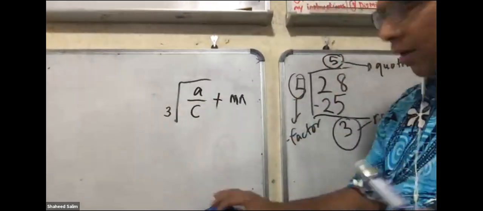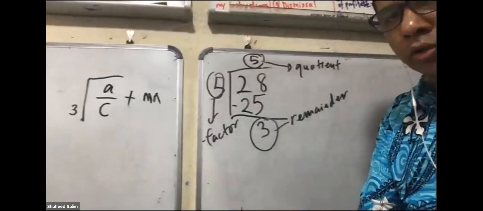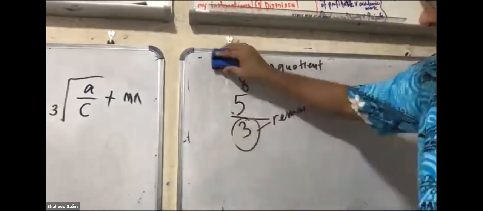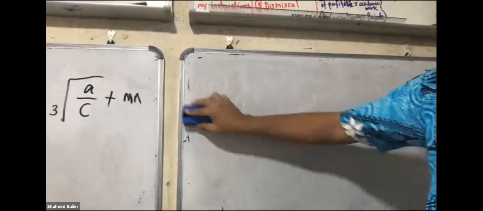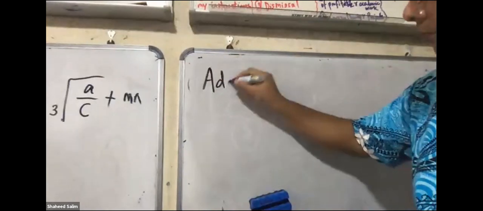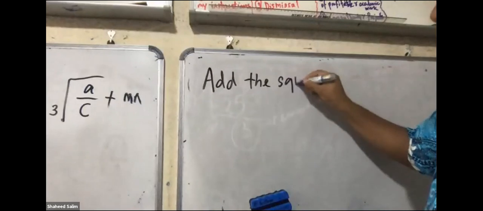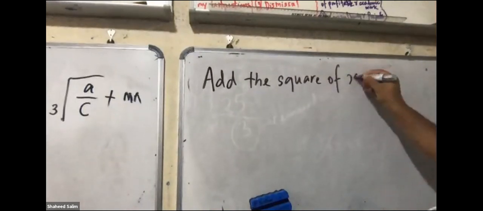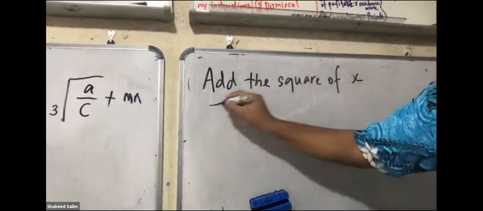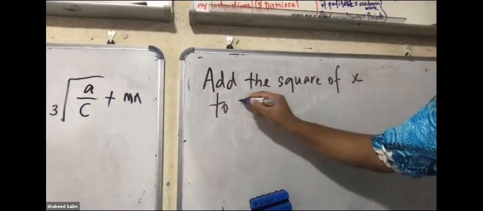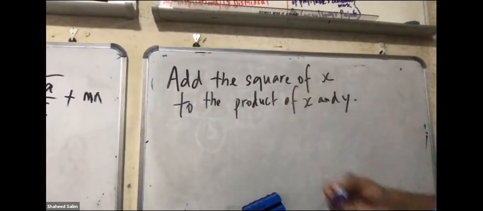Okay, so now I'm going to give you my own question. I won't make it complex. You can surely do this. Okay, you try. Add the square of x to the product of x and y.